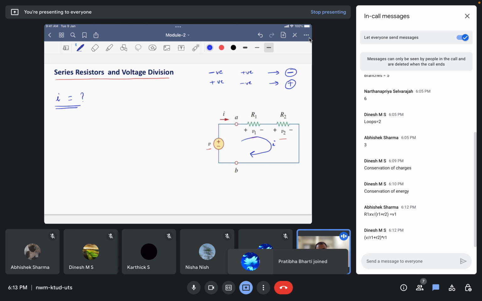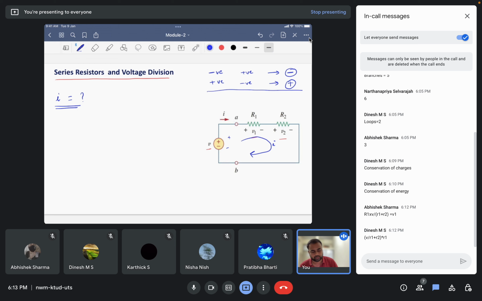Here the voltage is going from negative to positive, so I follow minus. This is again a convention; you can take the opposite also, but I follow this.